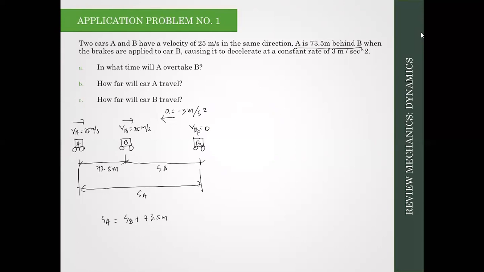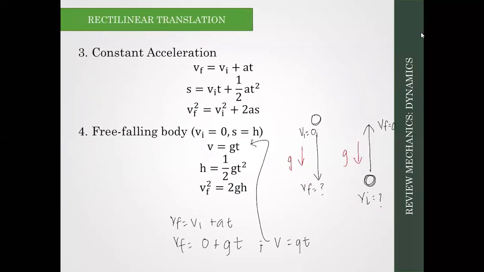Paano natin makakalculate si SB? Si SB, pwede siya makalculate dito sa condition natin kay B. Since meron na tayong change in velocity, meron tayong constant acceleration. So, pwede natin gamitin yung constant acceleration formulas.